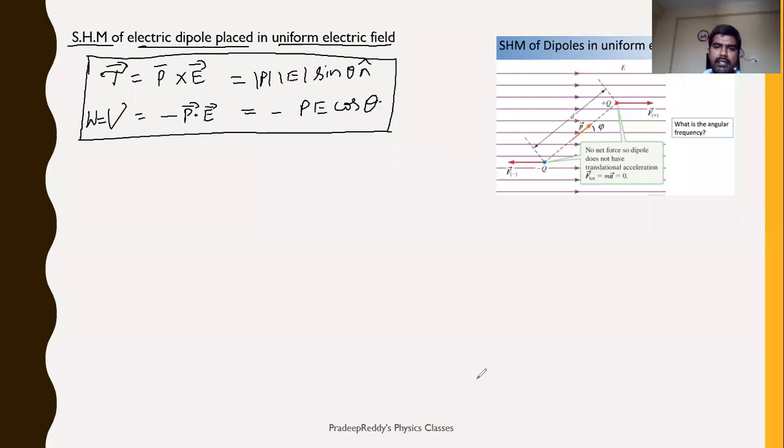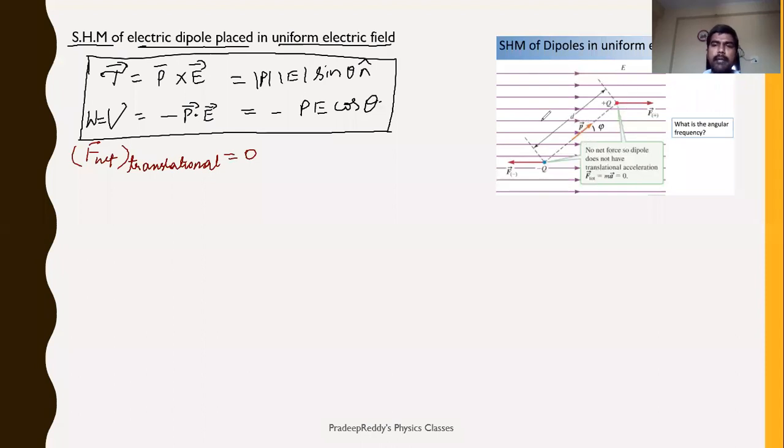As we have already seen in the previous case, whenever you place an electric dipole in a uniform electric field, the translational net force it experiences is 0. The net translational force is 0 because on the right side it is a positive force and on the left side it is negative, so both get cancelled with each other.